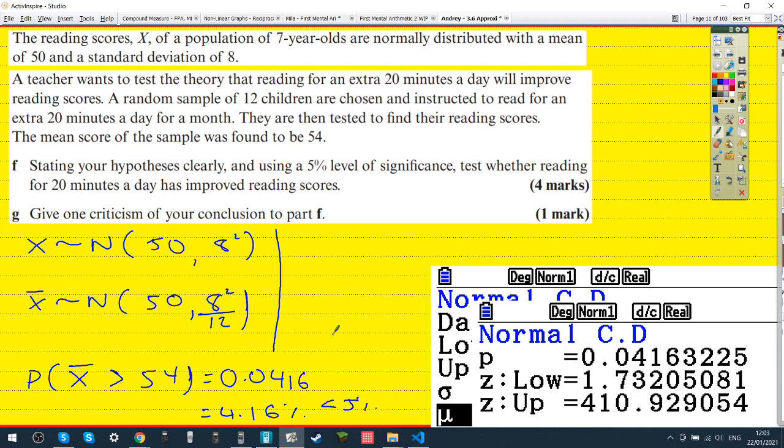Is that the answer? One more thing you need to say. And so, did it work? Did the reading scores improve?